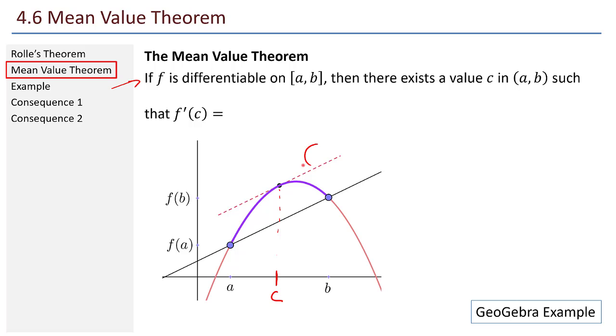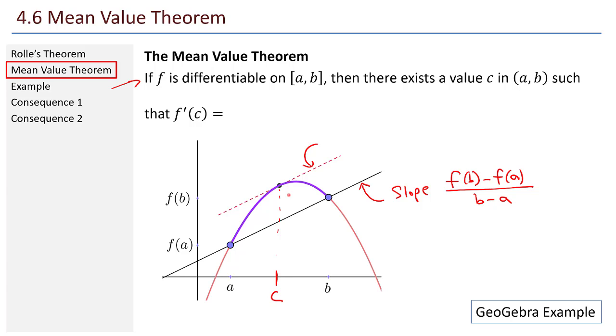and what is the slope of that line? Well, it's the same as the slope of the line connecting the point a, f of a and b, f of b. So let's see here. That slope is change in y over change in x, f of b minus f of a all over b minus a.